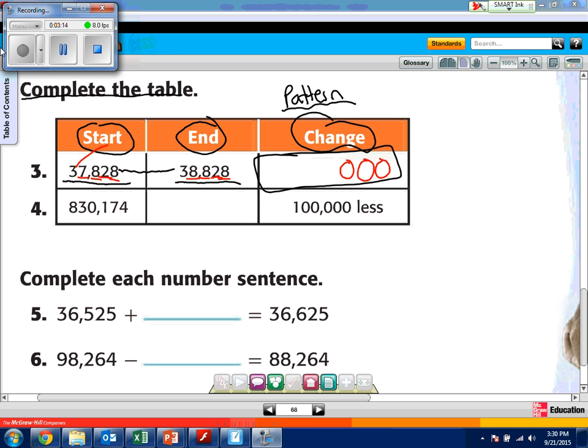I'm going from a 7 to an 8, so I'm starting lower and going higher, so I am increasing by 1, and then from 3 to 3, nothing changes. Now, I'm not going to leave this 0 in the front there. We don't put those zeros in the front, so I'm just going to leave it right there. And wouldn't you know it, I have 3 zeros, 1, 2, 3. I changed by 1,000. Of course, we're getting higher, so I'm going to go ahead and put plus.